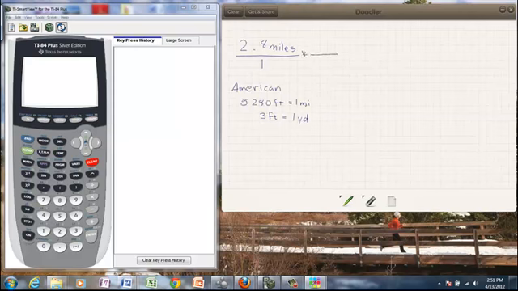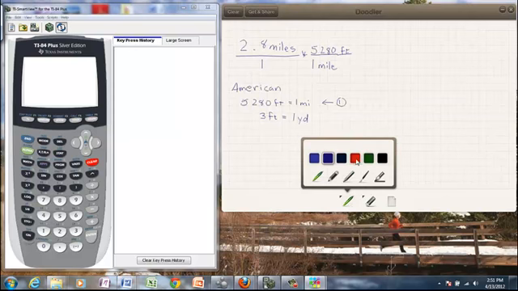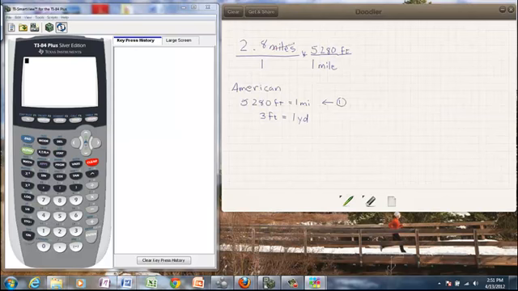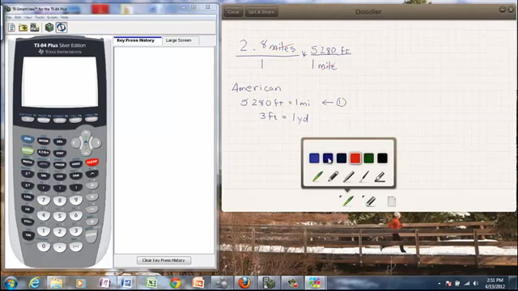In the first step, I want the miles to go away, so I'm going to use this one first. And I'll put the 1 mile on the denominator and 5,280 feet in the numerator. And then I can cancel miles. Notice I don't cancel the numbers, just the units.